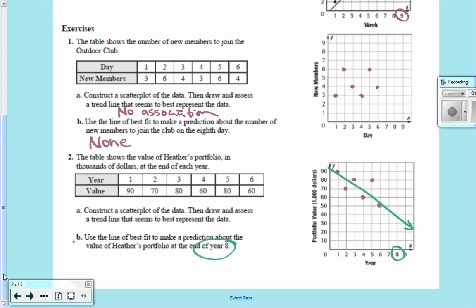Yeah, the way mine is, that's pretty close. It's really not a straight line, but I like that I heard 50. I like 50,000.